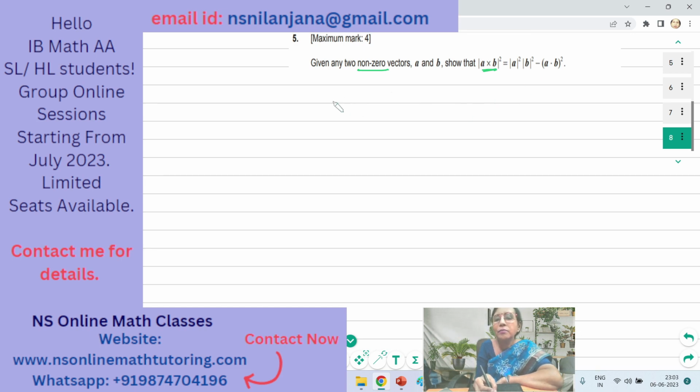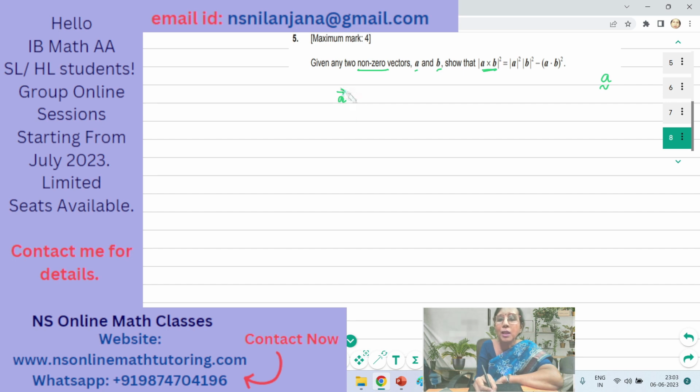So we start with the magnitude of the vector product. I am writing it like this. A and B are in bold letters to show that these are vectors. You can put an arrow above or a tilde below, just to show that A is a vector and not a scalar quantity.